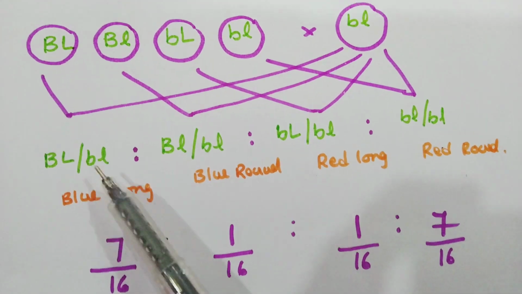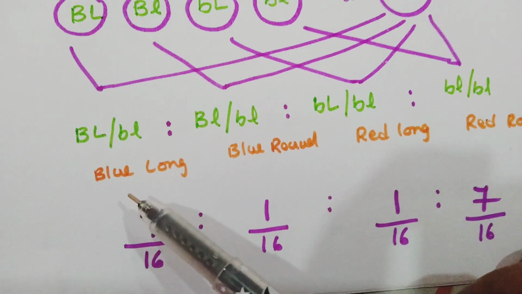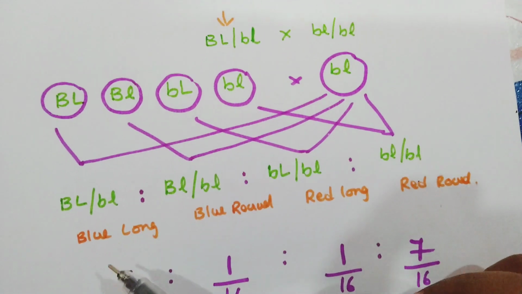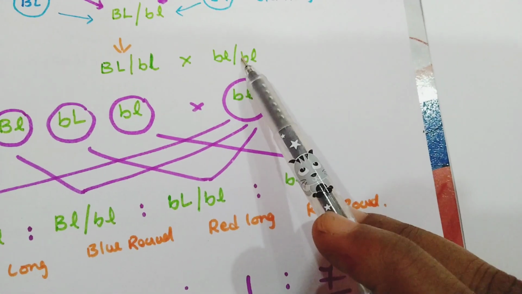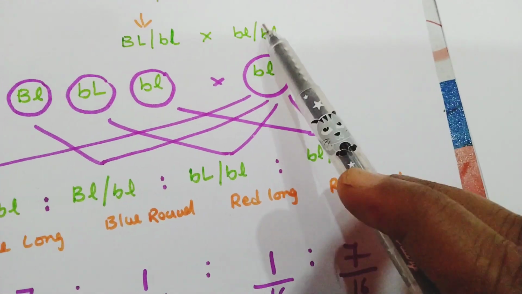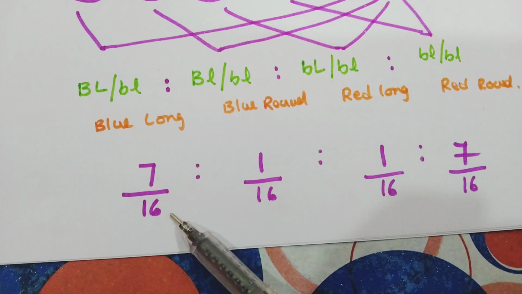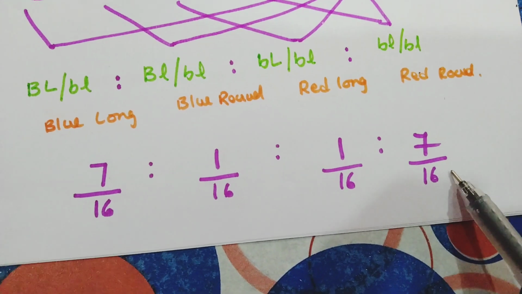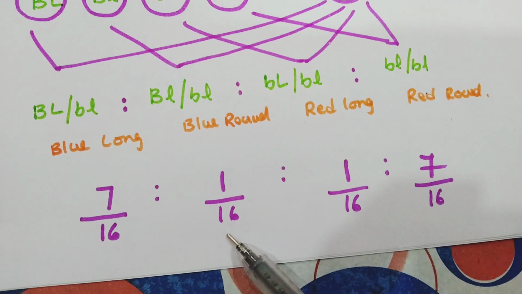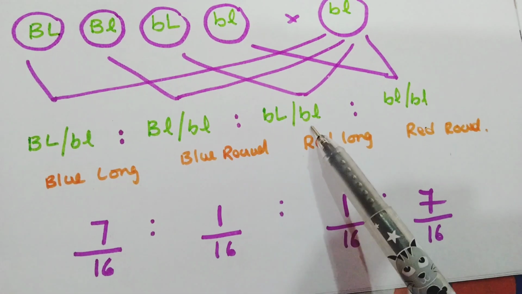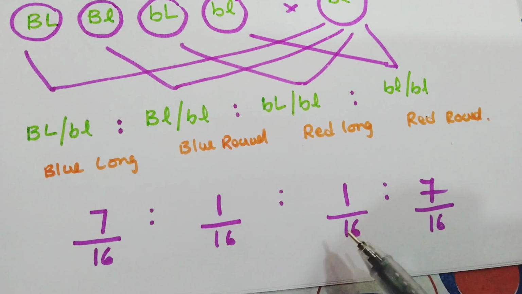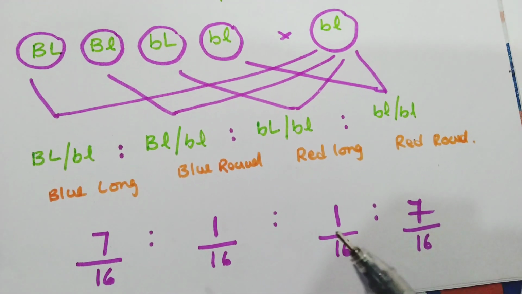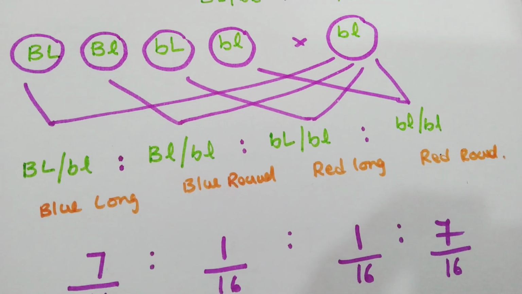This is the F1 parent, and this is the double recessive parent. We get more parental combinations, and the recombinants we got in fewer numbers. Why does this occur? I will explain in one minute.